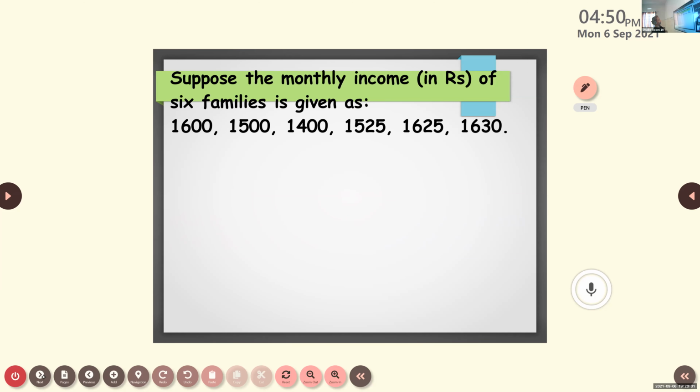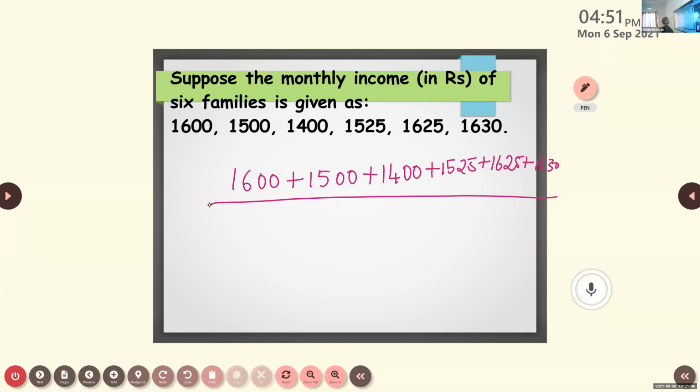Next one, here is an example. The monthly income of 6 families is given. If we want to find the mean income of these families, what do we have to do? 1,600 plus 1,500 plus 1,400 plus 1,525 plus 1,625 plus 1,630, divided by how many are there? 6, right?